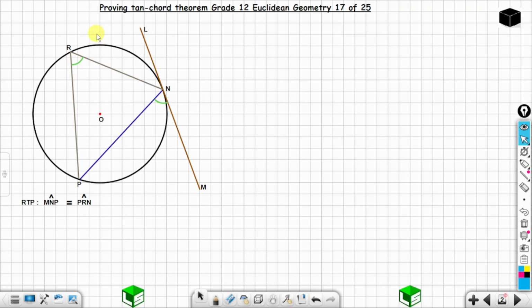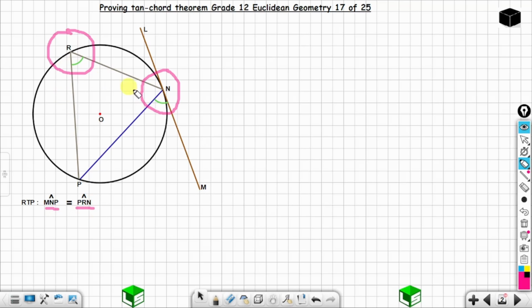Whenever you are required to prove the tangent-chord theorem, always focus on this part, where you have the angles that you have to prove.